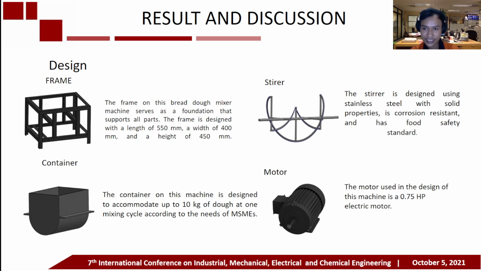The stirrer in this design uses stainless steel, with solid properties, is corrosion resistant and has food safety standards. The container on this machine is designed to accommodate up to 10 kg of dough at one mixing cycle according to the needs of MSMEs. Motor. The motor used in this design is a 0.75 horsepower electric motor.